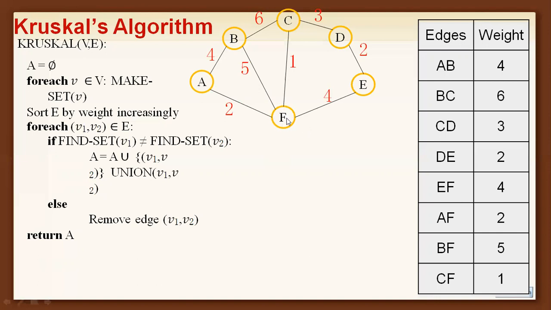Here, A, B, C, D, E, F circles are considered as vertices, and the edges are A to B, B to C, C to D. Each and every edge is associated with a cost or weight. The main objective of the given problem is to construct a minimum cost spanning tree by using Kruskal's algorithm.